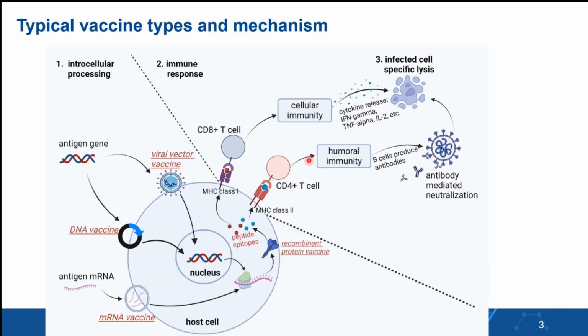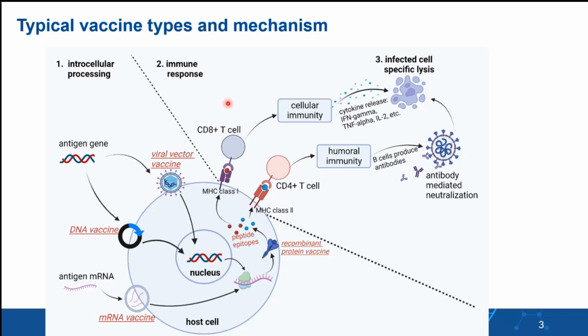And let's look at the mechanism. Generally speaking, there are three steps. First, we introduce a kind of vaccine into the cell, and after intracellular processing, what we need is the peptide. The peptide is going to be used to stimulate the immune cells.